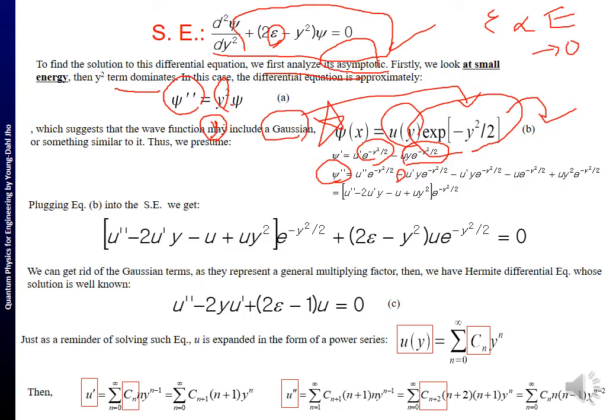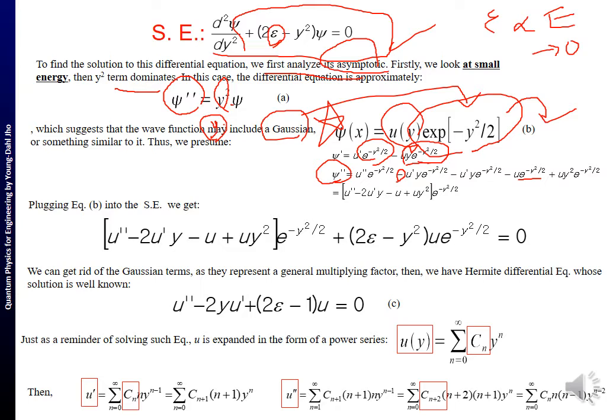And then this one, the derivative. So we take u prime first, u prime y e to the minus y squared over 2. Then minus u, we take the derivative on y, then y disappears, so u e to the minus y squared over 2.